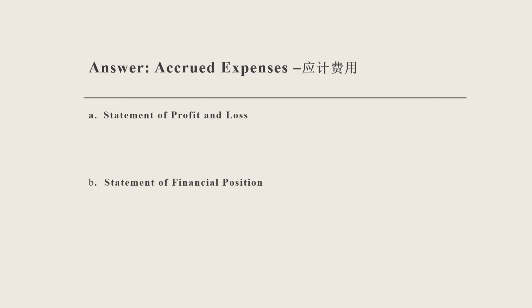Statement of financial position: under current liabilities, accrued expenses should be 120.